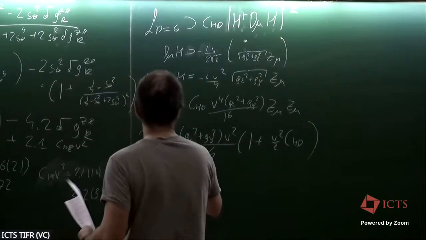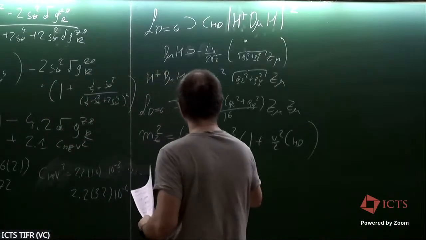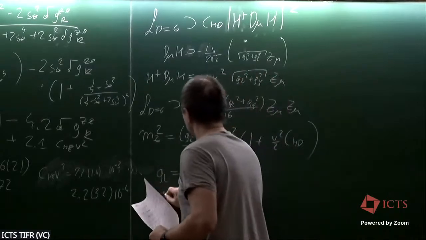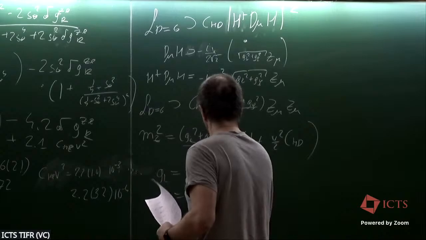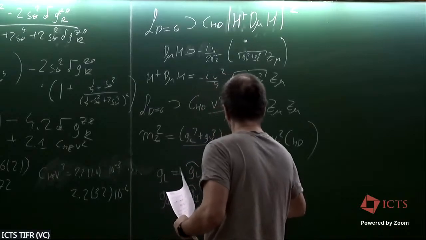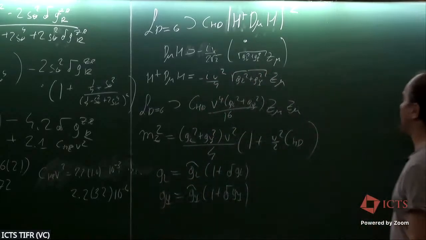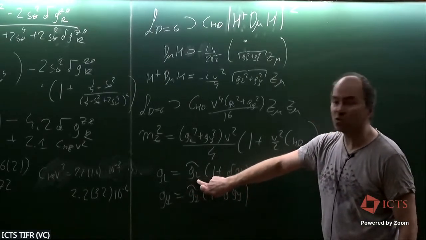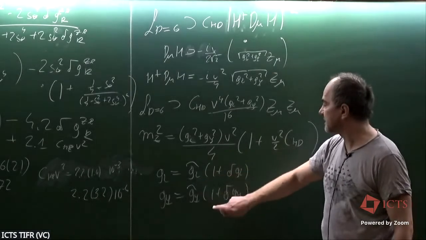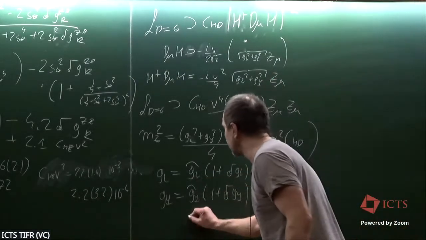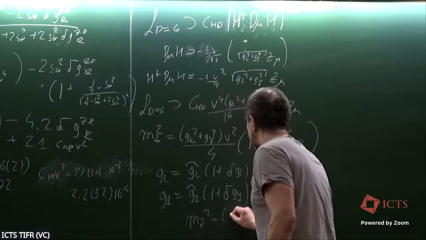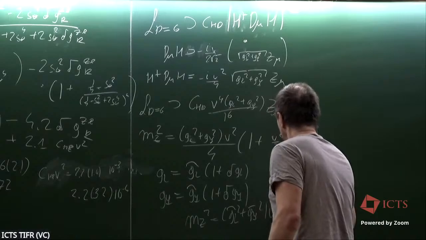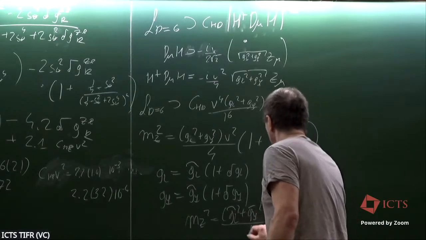You can say now that GL, GY, you define new couplings, twiddle couplings, such that in terms of the twiddle couplings, mz squared is exactly GL squared plus GY squared, V squared over 4.